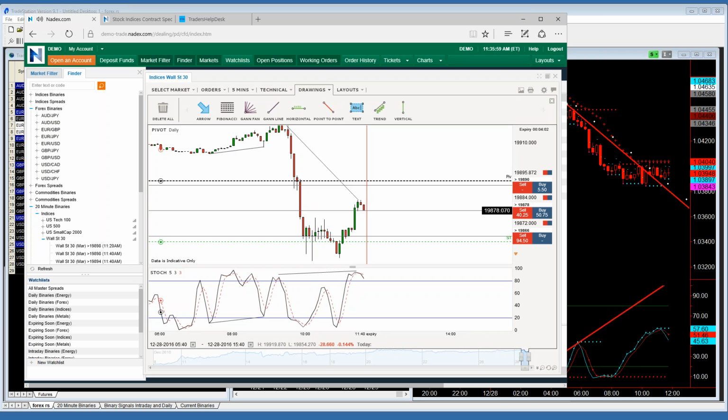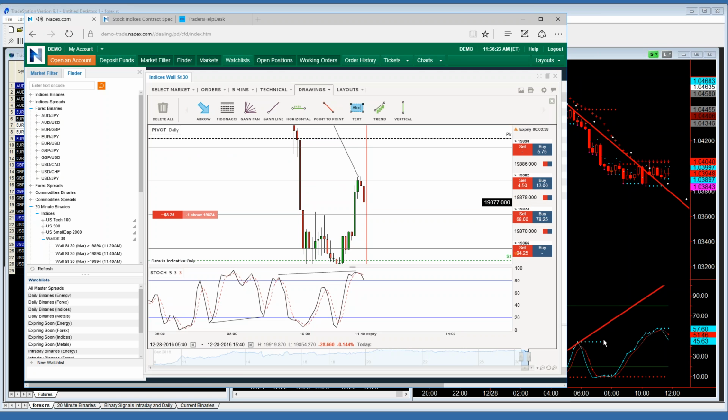If it's trending markets and you get hidden divergence on the lows in an uptrend, then you're going to have more upward movement, okay? If you're in a downtrend and you're getting divergence on the highs, you're going to get more downward movement, okay? I mean, that's what divergence is telling us.